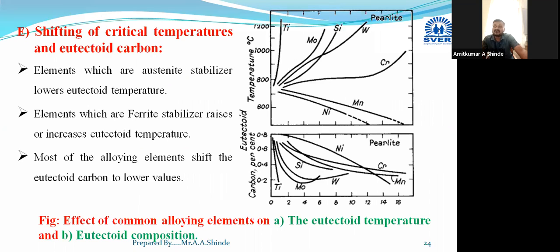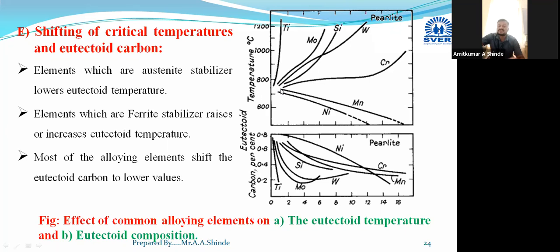Then the effect of alloying elements on the critical temperatures, like eutectoid temperature. Only eutectoid temperature and eutectoid composition are considered here. First we will understand the effect of alloying elements on the eutectoid temperature. Whenever we add any alloying element in the steel, what will be its effect on this eutectoid temperature?